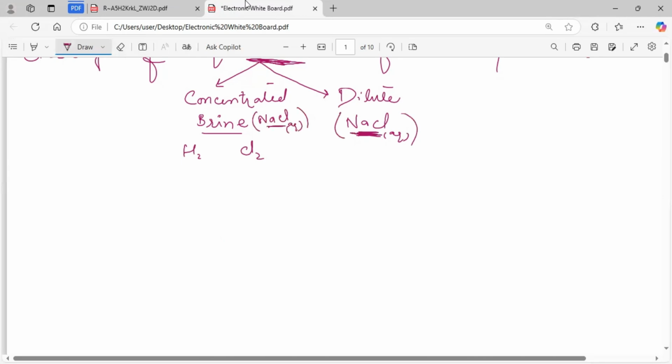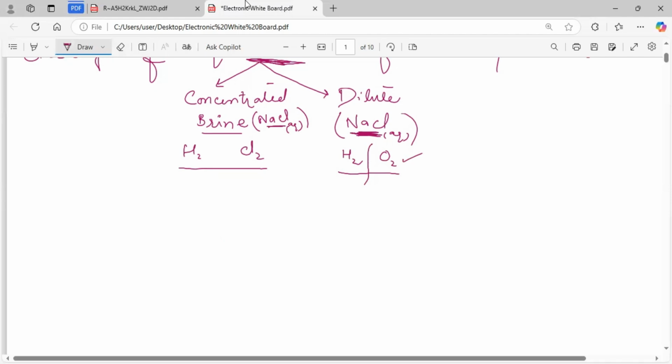The compound is the same, but the product will be different. In this case, hydrogen gas will be produced and oxygen gas will be produced. Why? We have discussed one example in our previous class, and we will be doing this one today. I will explain why oxygen gas will be released instead of chlorine gas.